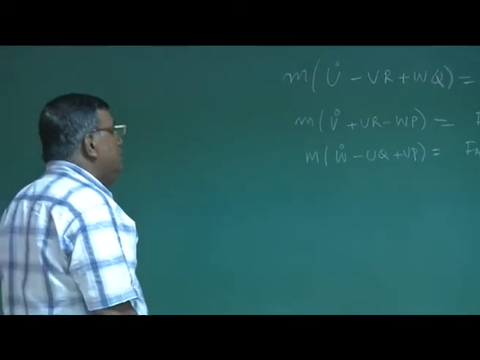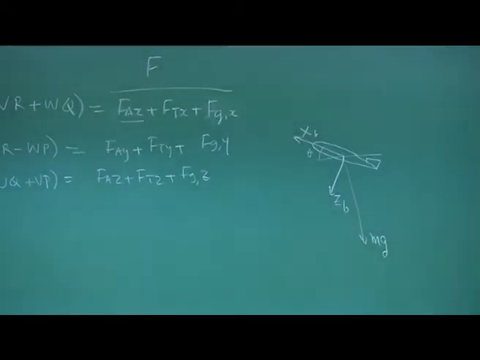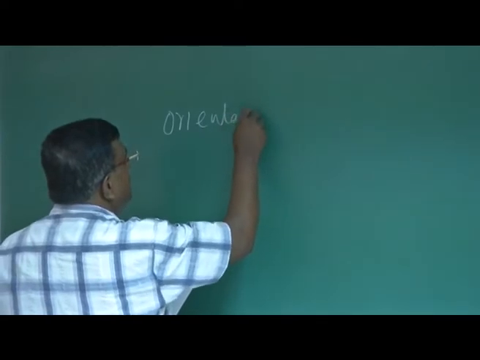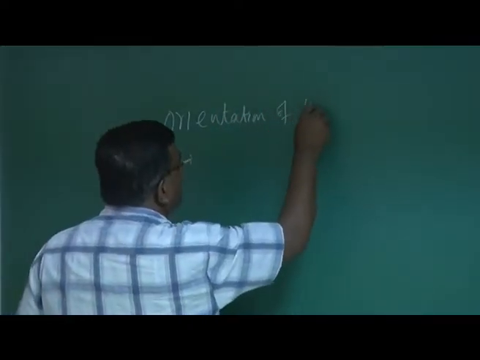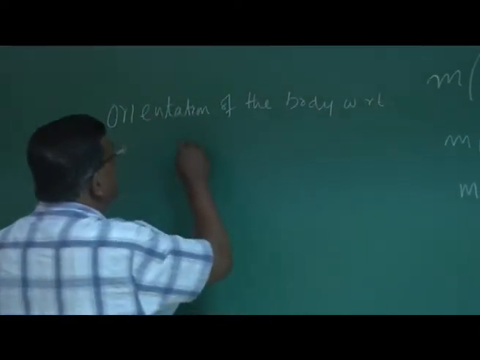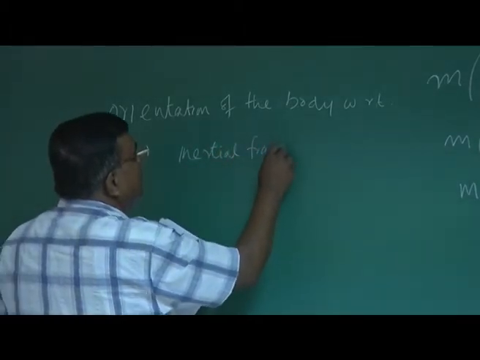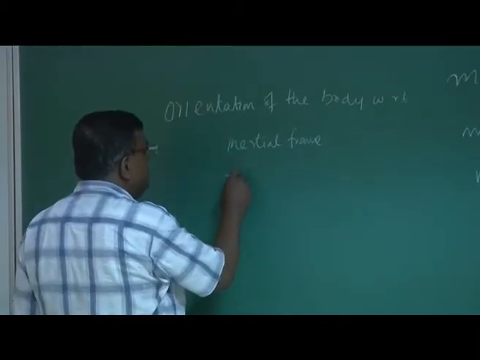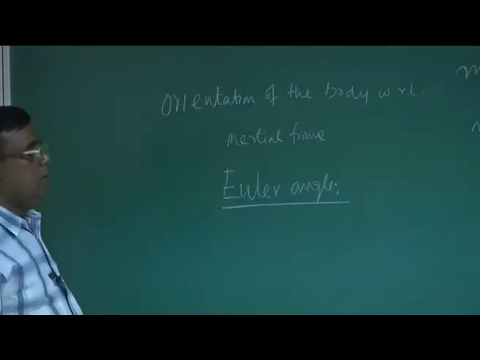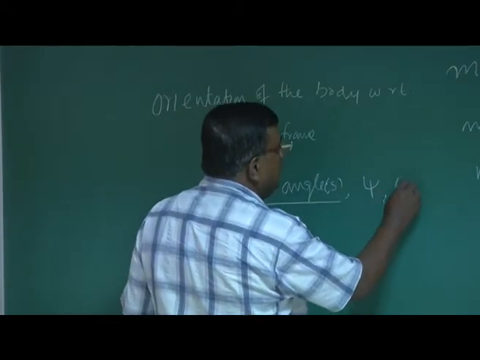There we try to define the orientation of the body with respect to the inertial frame. We define Euler angles, which are psi, theta, and phi.